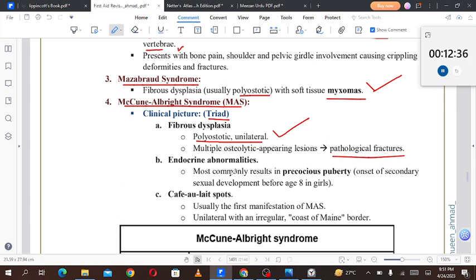Endocrine abnormalities most commonly result in precocious puberty, onset of secondary sexual development before the age of 8 in girls. And then café-au-lait spots, usually the first manifestation of McCune-Albright syndrome, unilateral with an irregular coast of Maine border.